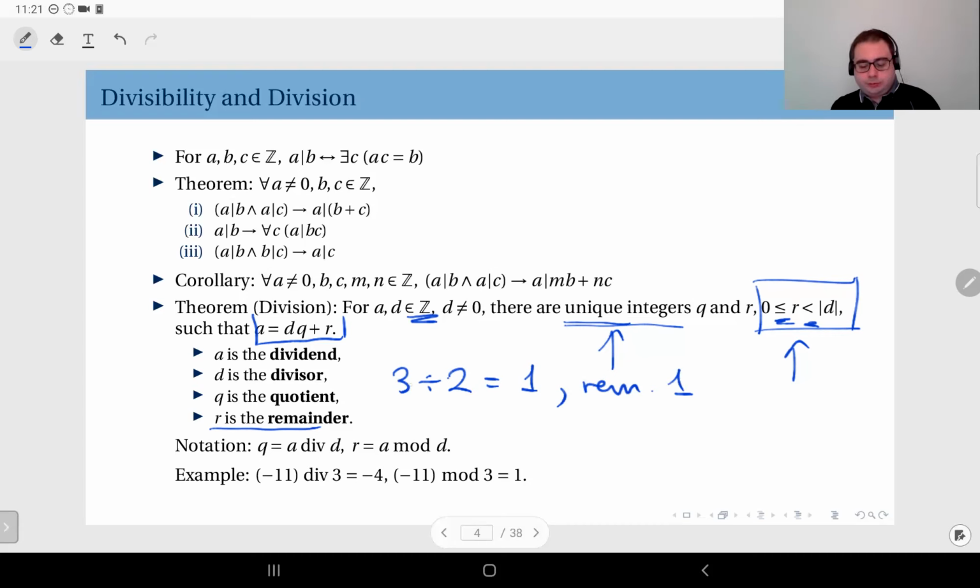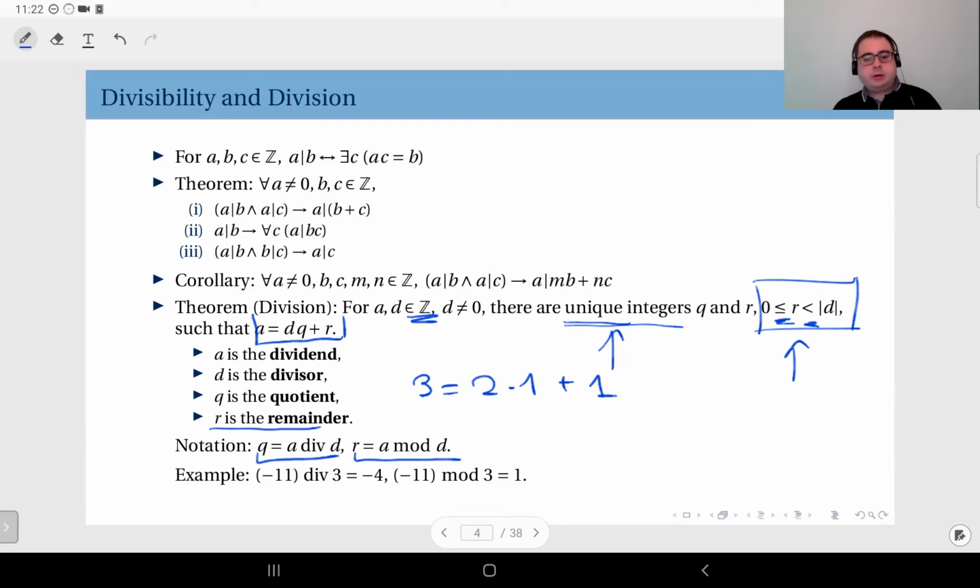Okay, so well, actually we do not really write this as this, but we write this as 3 equals 2 times 1 plus 1. And sometimes we write this as q as a div d. Of course, this is not the natural notation we use, but this is more common notation, and we are going to use it today extensively.